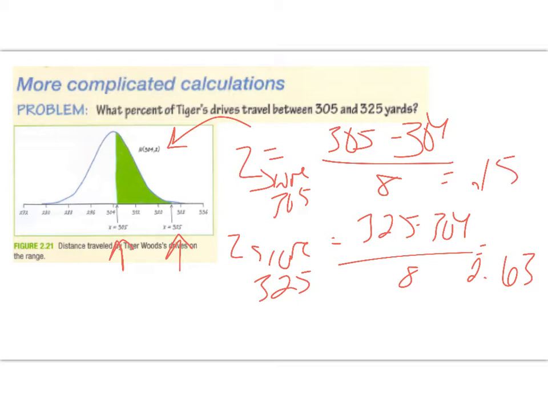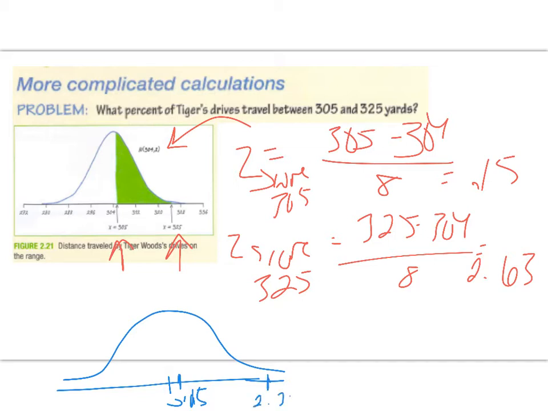I can draw my standard normal curve, putting my mean here at 0, and I have a 0.15 and a 2.63, way over here, and so we're looking for this area right here.